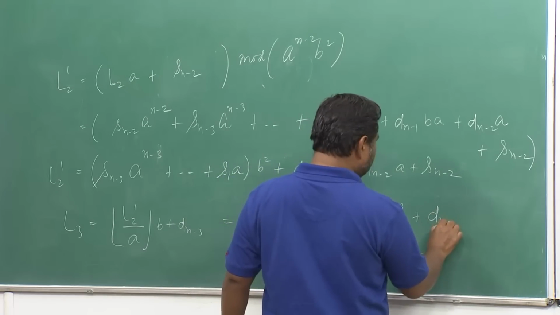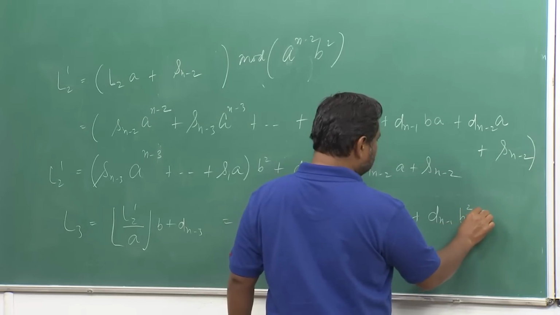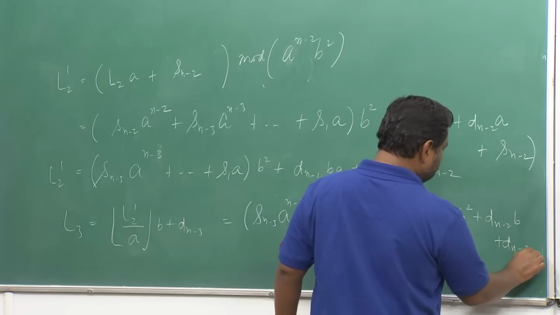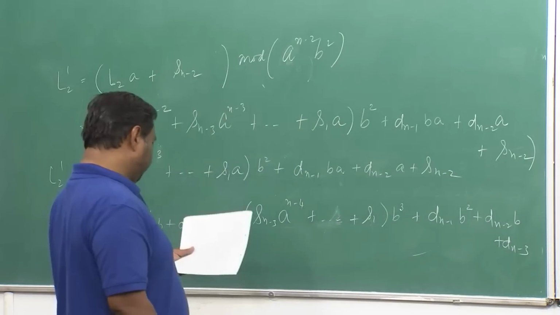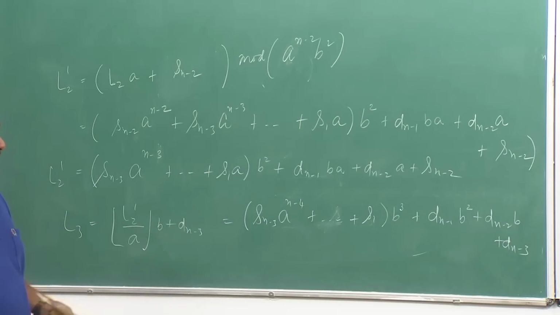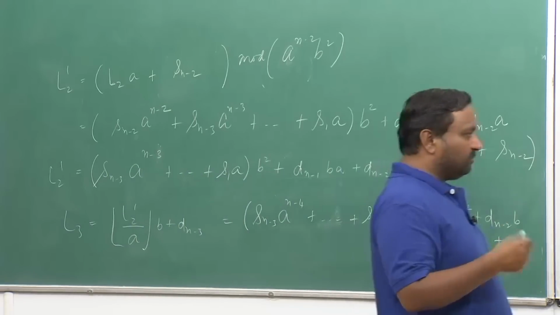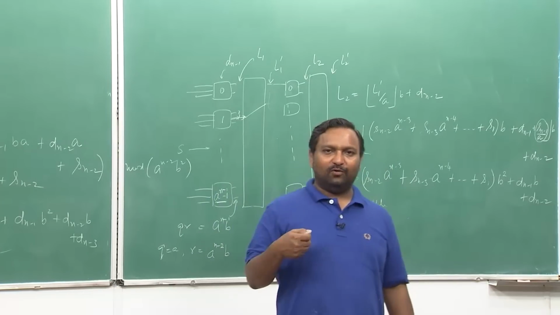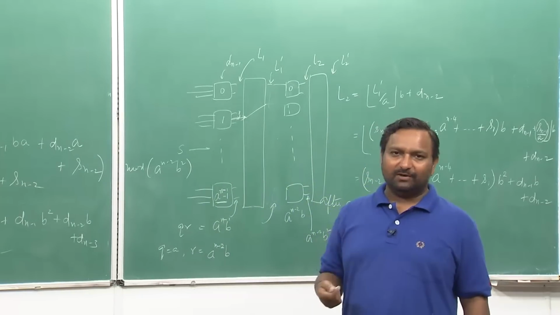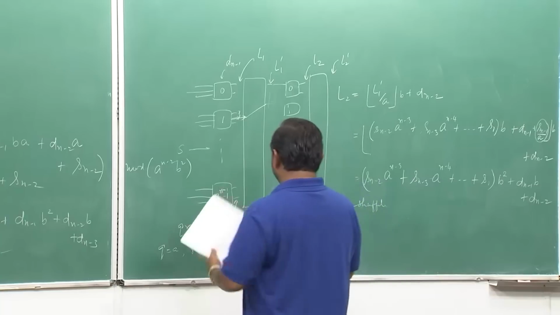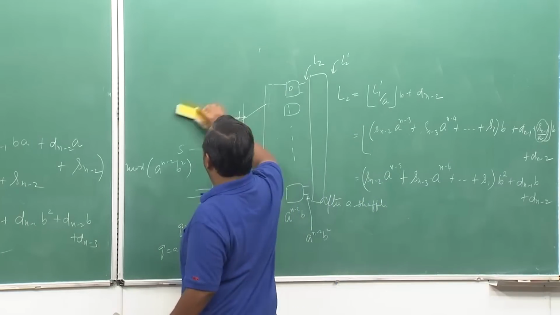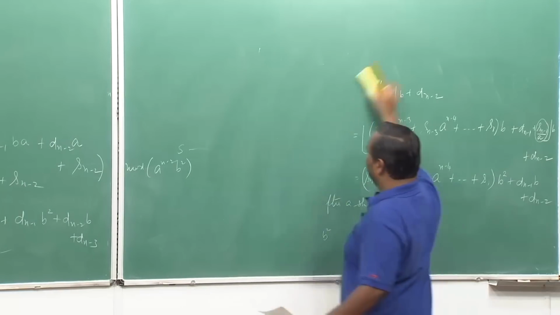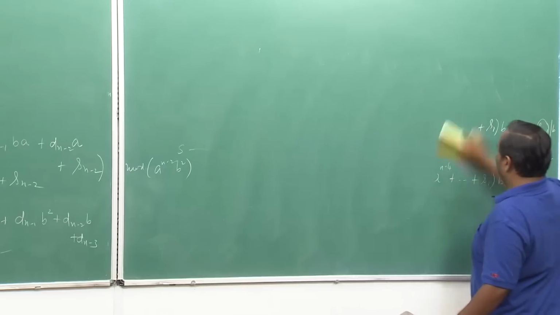I will have d of n minus 1 b square plus d of n minus 2 b plus d of n minus 3. So now I have proven this particular expression for 1, what is the value for 1, what will happen for 2, what will happen for 3, and now I can use induction to prove it: if it is true for I, it is going to be true for I plus 1, and henceforth I can do it for what is going to happen after the nth stage.